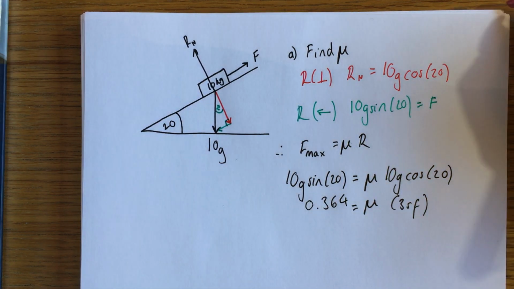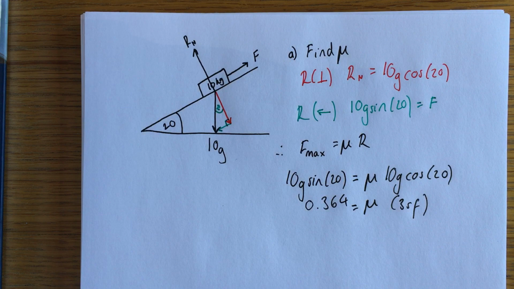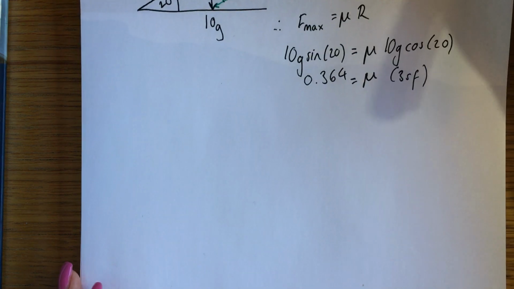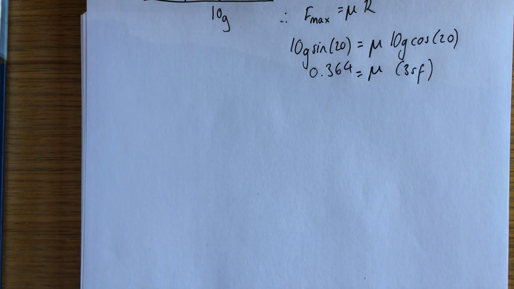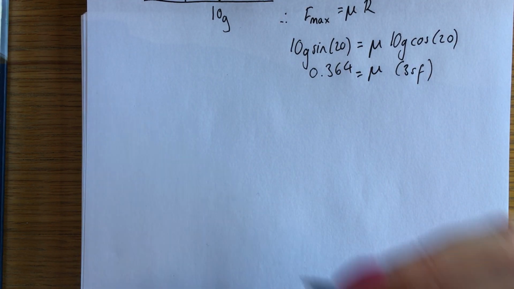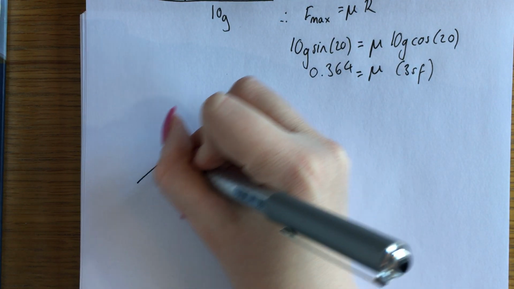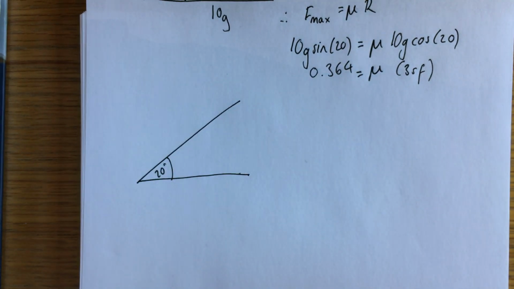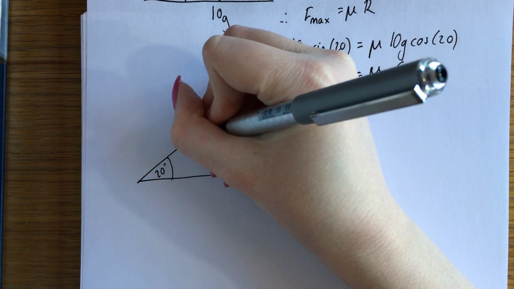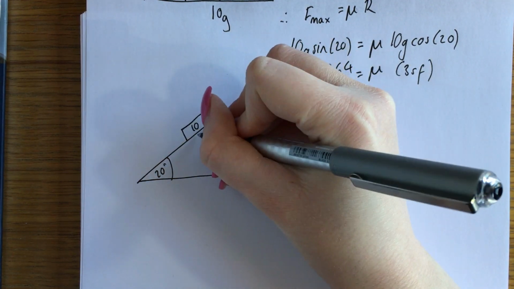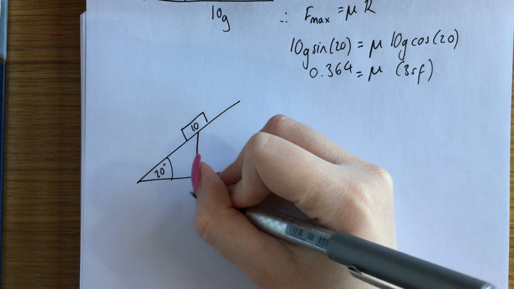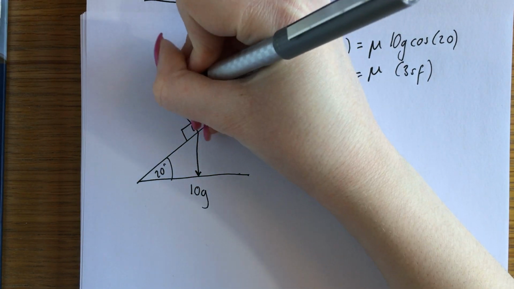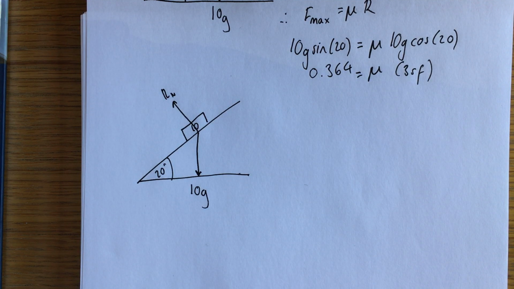Part B of the question says a horizontal force of magnitude P is applied to the box. So I'm going to redraw my diagram because it now is quite different. So my box is still at 20 degrees to the horizontal. Still here, I've still got my weight of 10g, and I've still got my normal reaction.